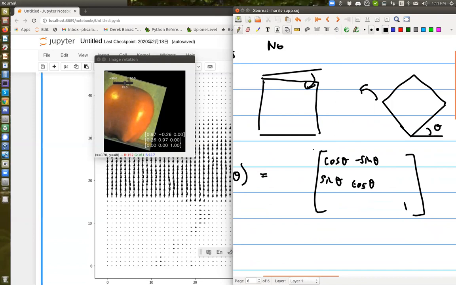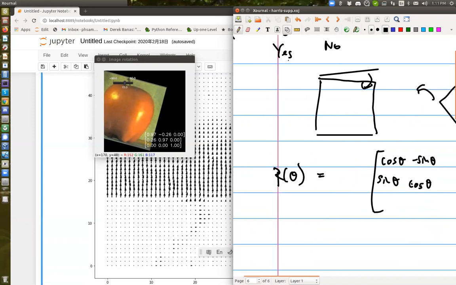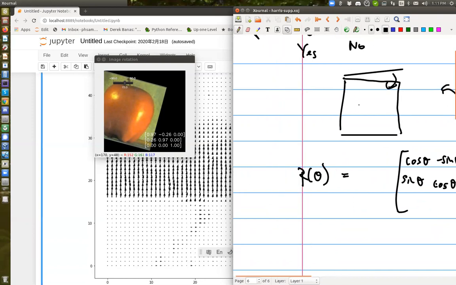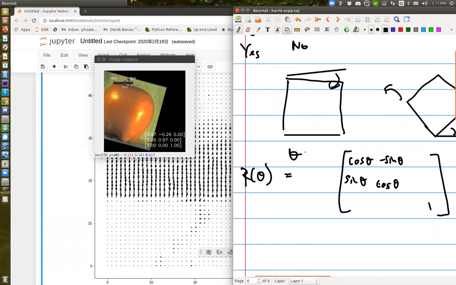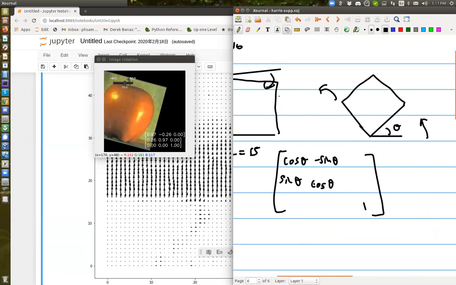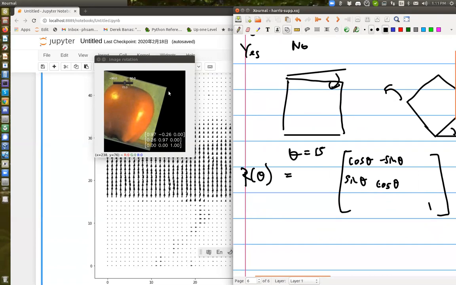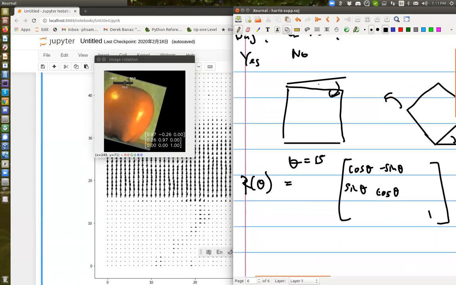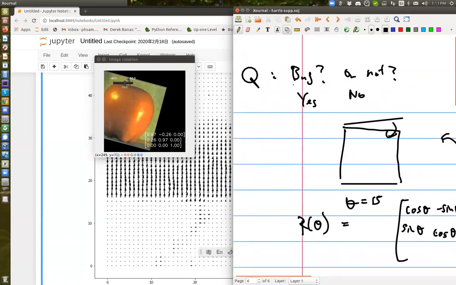This one. But now when I have theta positive, basically theta is equal to 15 degrees, it should rotate counterclockwise, right? But somehow the image rotates clockwise instead. Why is that?